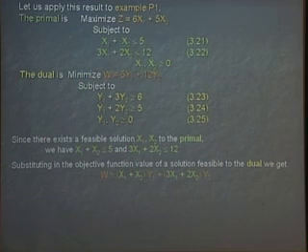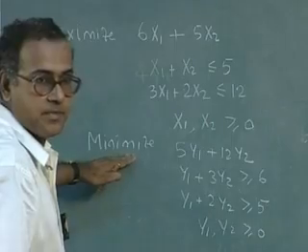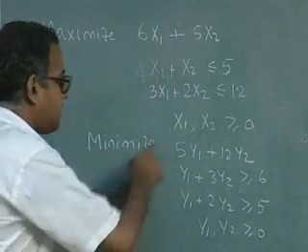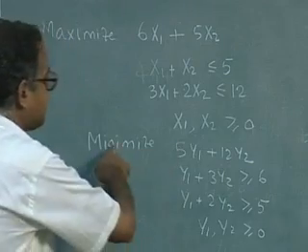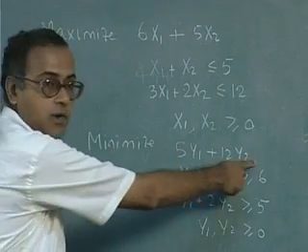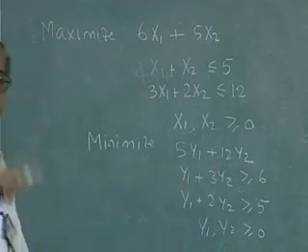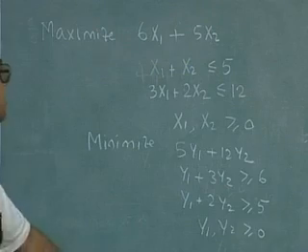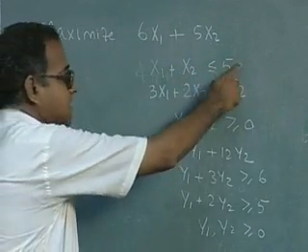Now W will be greater than or equal to the following. If I have a feasible solution to the dual, then the objective function value will be 5y1 plus 12y2, and if we have a feasible solution to the primal (x1, x2), then x1 plus x2 is less than or equal to 5.